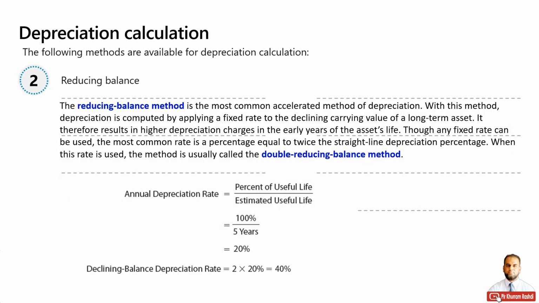So in the reducing balance, it is also called the accelerated method of depreciation, because in certain assets, industrially, when they are in operation, initially when you purchase an asset its production is at its peak, meaning it is 100% efficient, but as it reaches the end of its service life, its efficiency is reduced substantially.